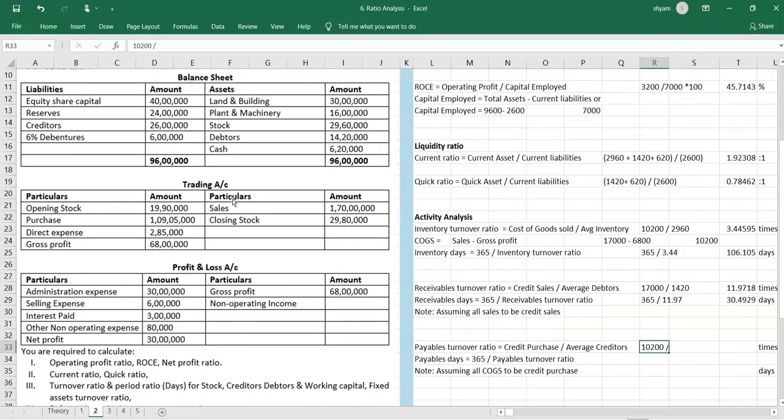Payables is going to be, creditors are 2,600.